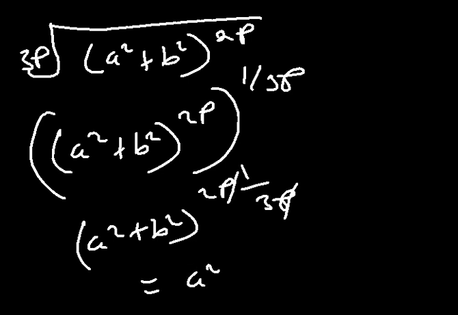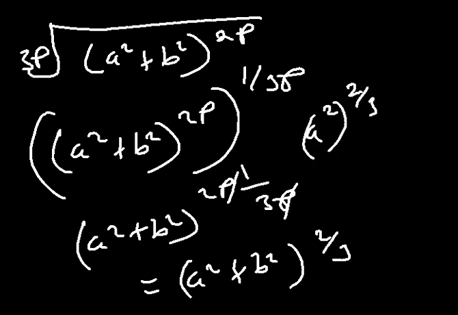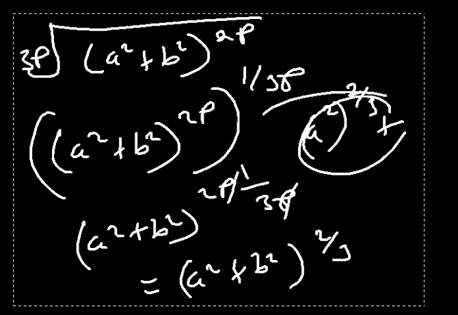We'll have it as (a to the power 2 plus b to the power 2) to the power 2 over 3. And since these two values are adding, you cannot say a to the power 2 times 2 over 3 then plus. This is not accepted. So that's the working principle behind that, and it will end there as well.